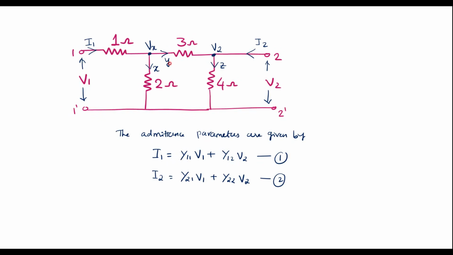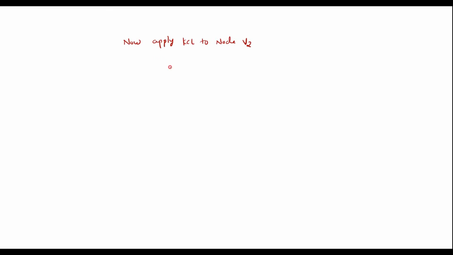I can write Y plus I2 is equal to Z, or I2 is equal to Z minus Y. I will express these Z and Y currents in terms of voltages.